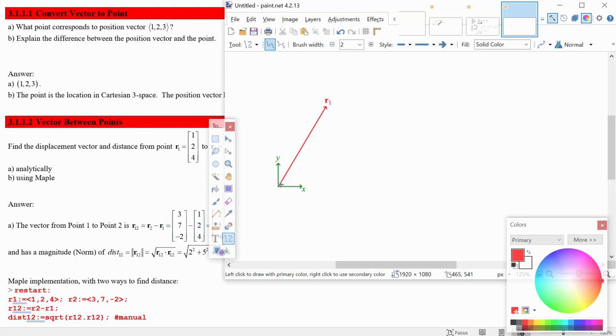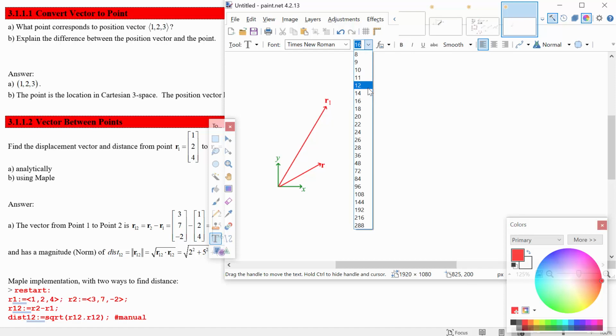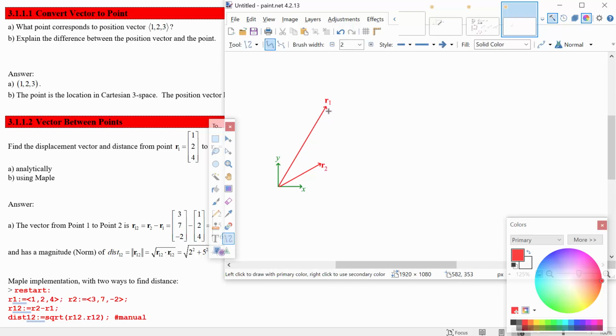And what if we've got R2 over there? Okay, so there's R1, there's R2. These are the vectors. These specify the points, this point there, and this point there. Point represented by R1, point represented by R2.